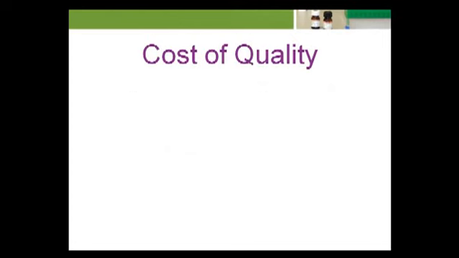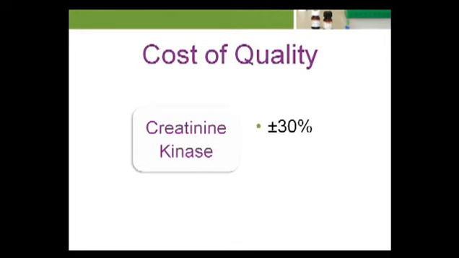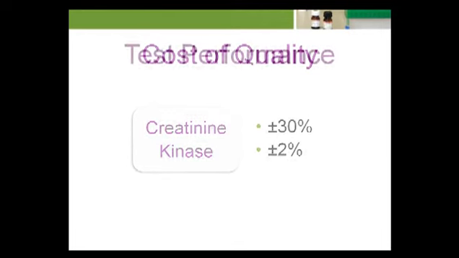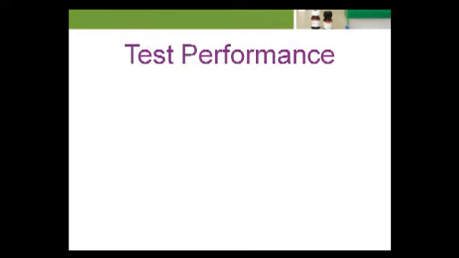If our quality specification for creatinine kinase is plus or minus 30%, and our creatinine kinase test performs with a quality of plus minus 2%, we don't need to worry about improving creatinine kinase. We should instead focus on other analytes that are not in such good shape. Identifying appropriate quality specifications for each test is not enough for determining how we should control each test.